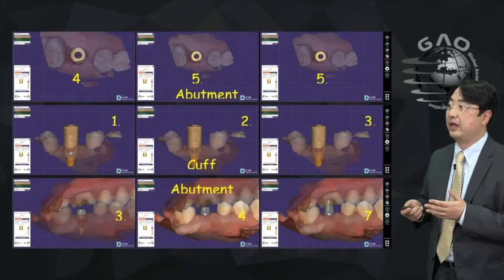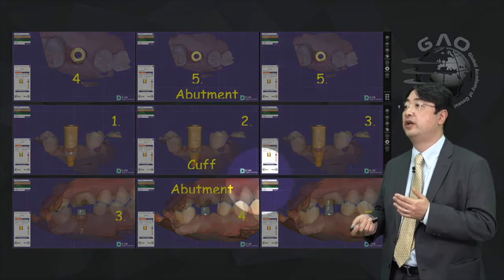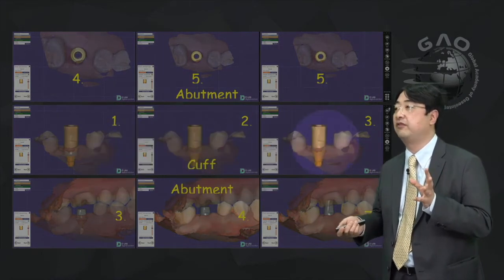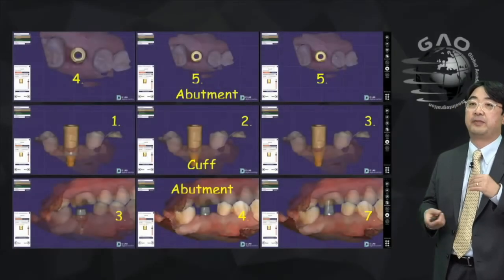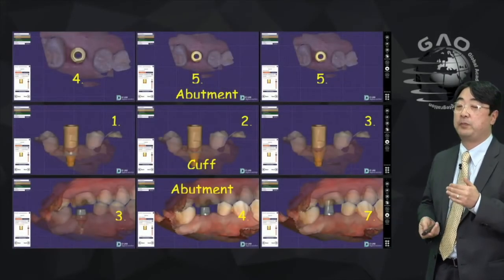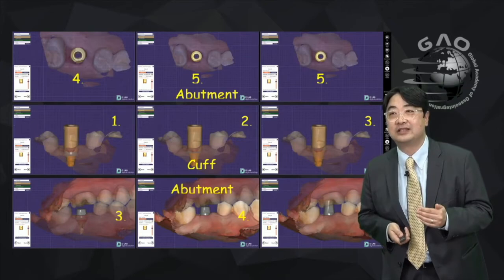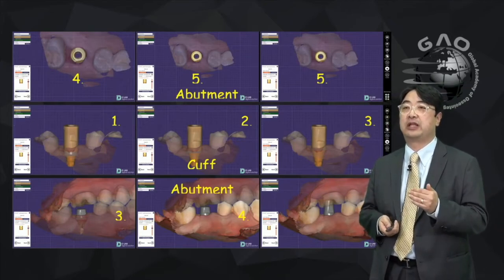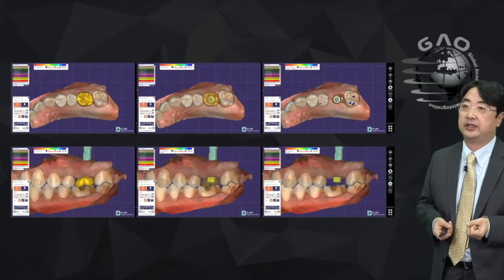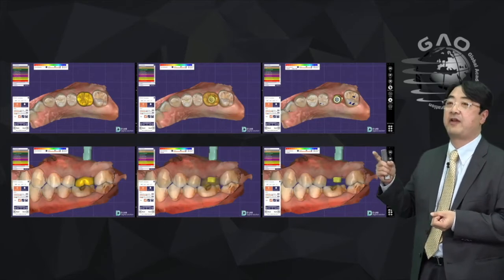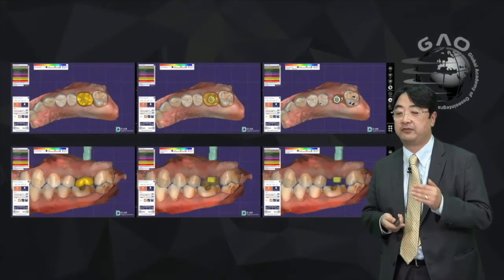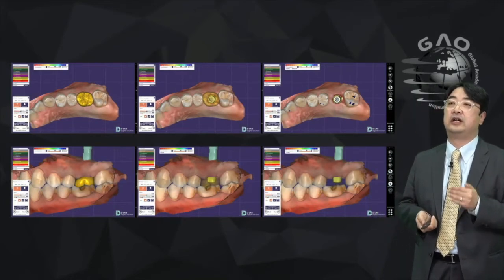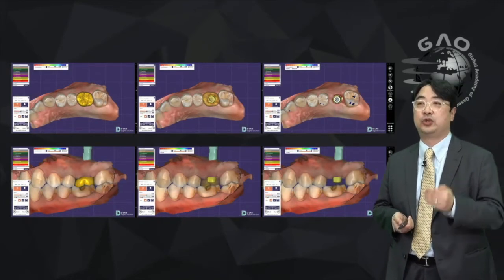My lab technician chose different curves and different lengths of the abutment, and finally we picked one prefabricated abutment from the library, and I ordered that prefabricated abutment. My lab technician designed and fabricated the zirconia crown on top of what we chose.